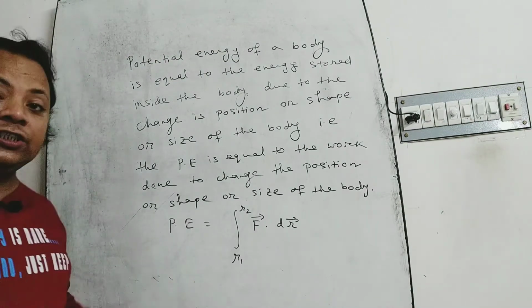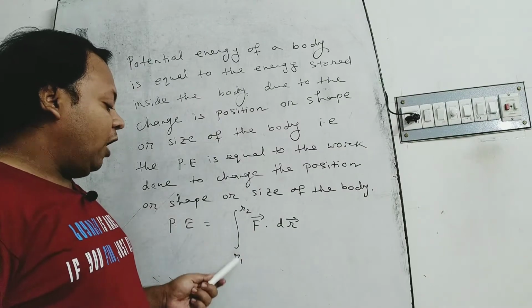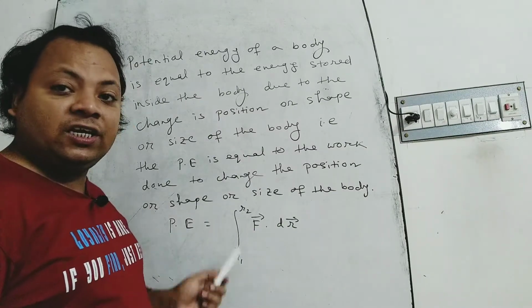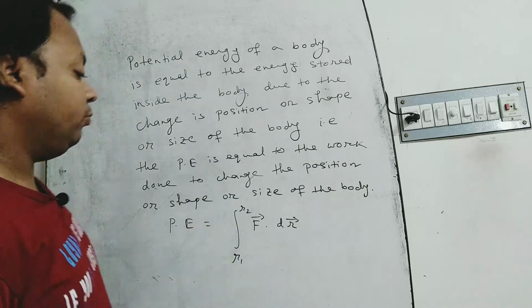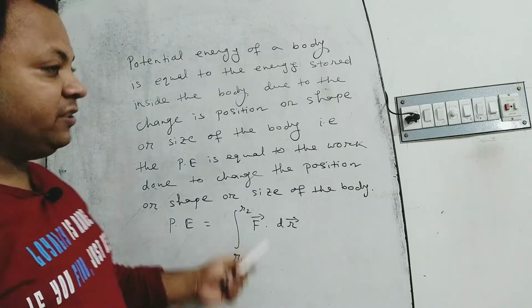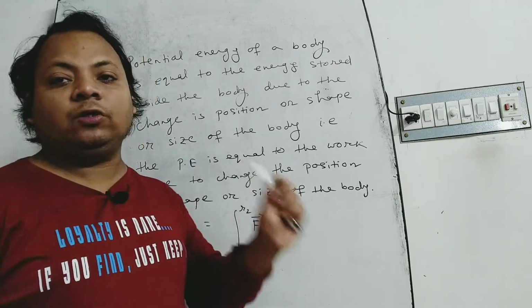Therefore, potential energy is equal to the integration of F dot dr from R1 to R2. R1 is the initial position of the body and R2 is the final position of the body. F is the applied force and dr is the small displacement of the body.